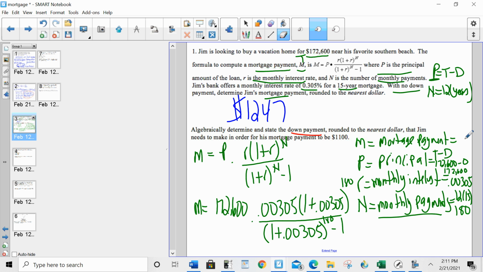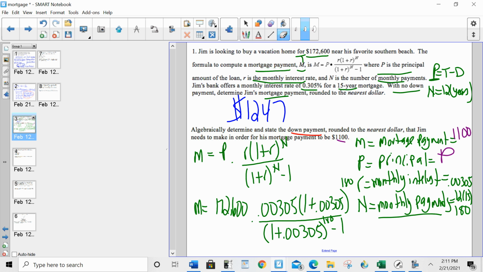My principal is what I'm trying to find now. My monthly interest rate doesn't change, and my number of monthly payments doesn't change. Now my mortgage payment is going to be $1,100. It wants the down payment, which means first I have to find the principal.